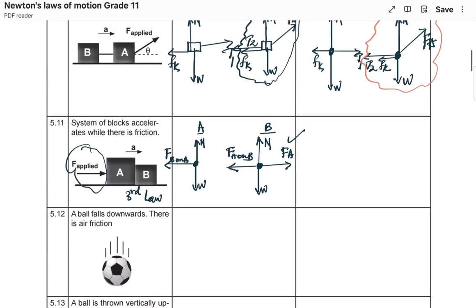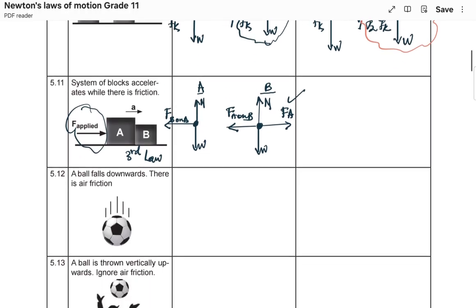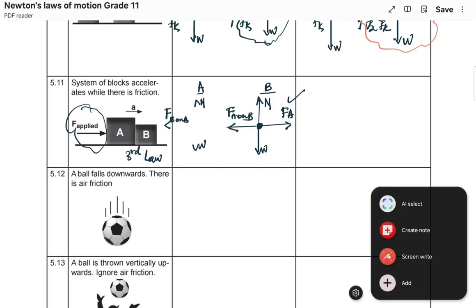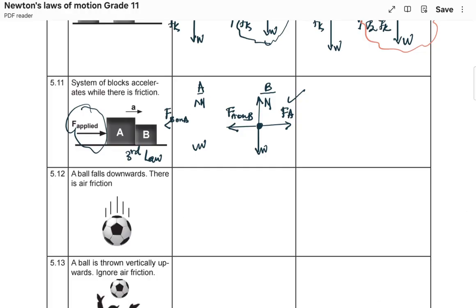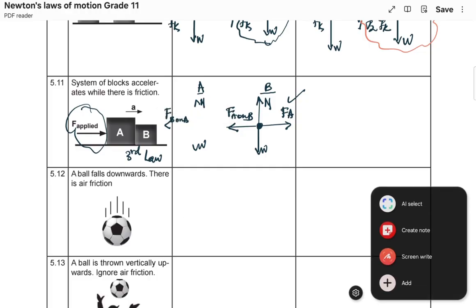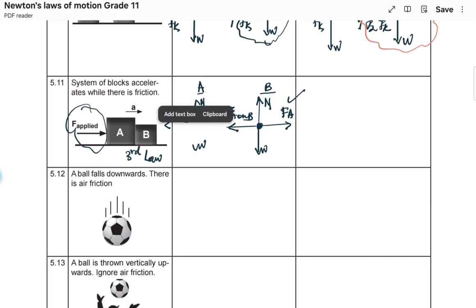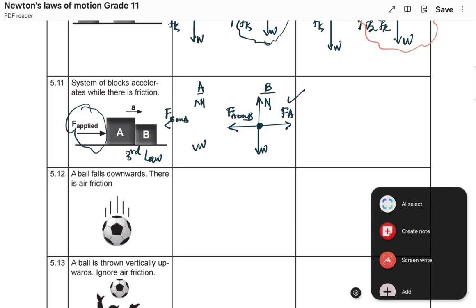But remember, I made a mistake here. It must be force diagram, not free body diagram.